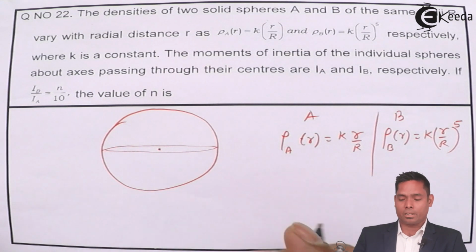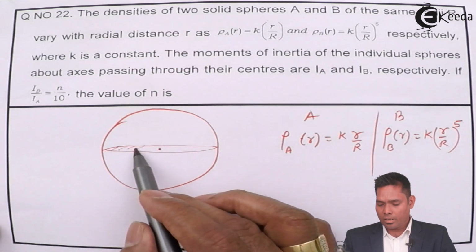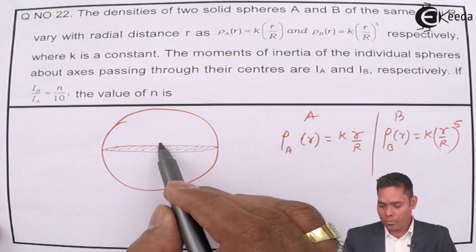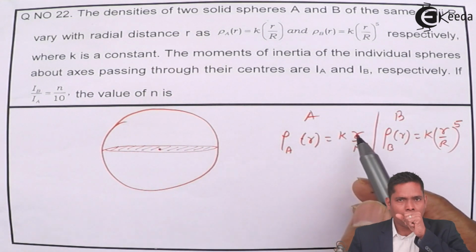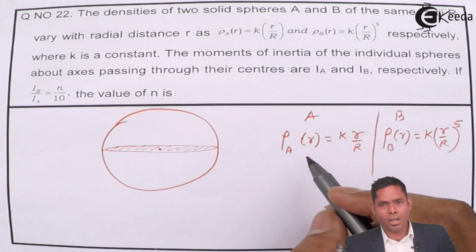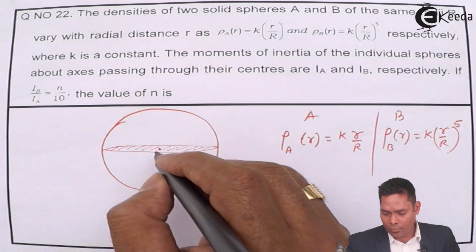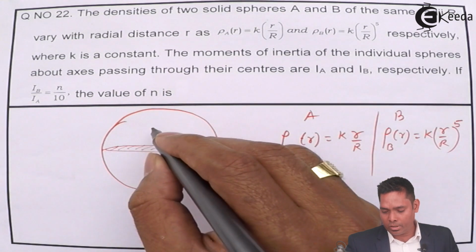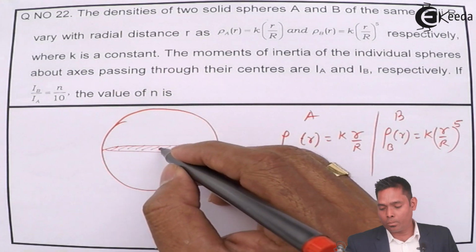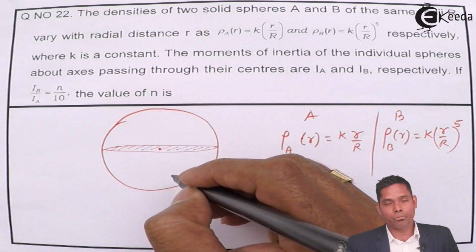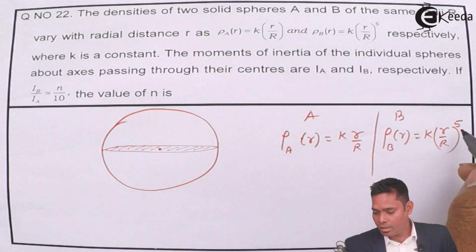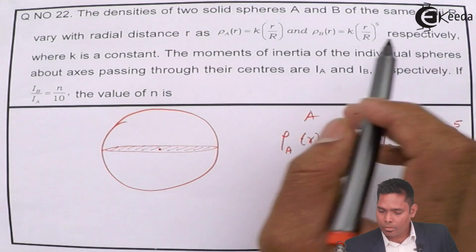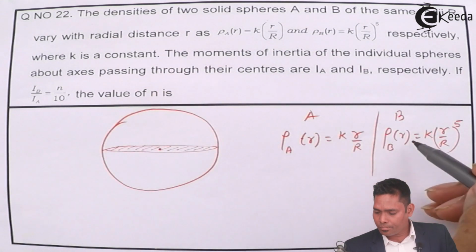So for these two solid spheres, the density varies like this as you move further and further away from the center. As r increases, the density increases, so it becomes denser from the center towards the periphery. Here it increases with the fifth power of the distance. K is a constant.